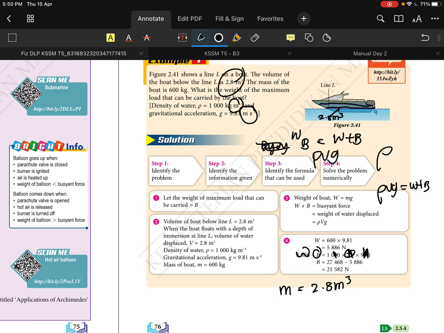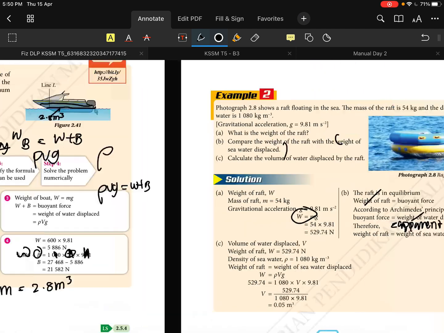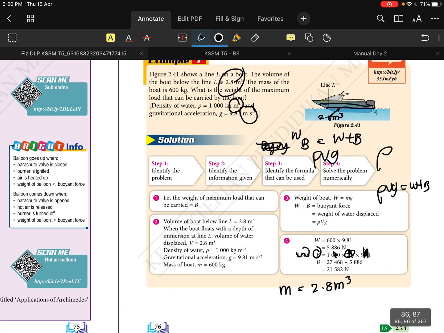But if they ask you to find the pressure in Pascal, then you need to consider that. I've been thinking about the question: what if this is cm, and what if this is also cm cube and per cm cube?